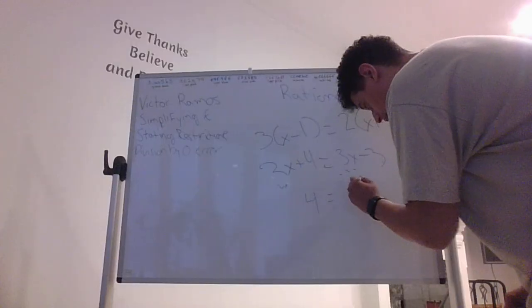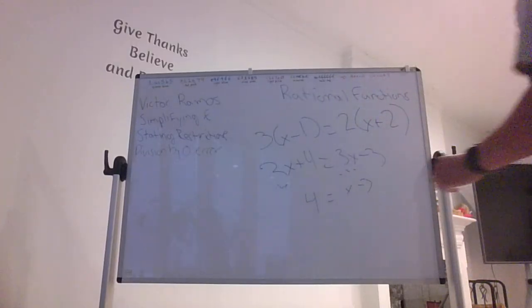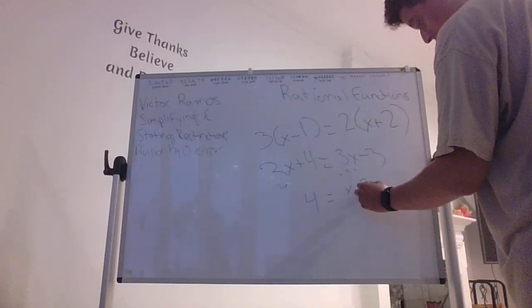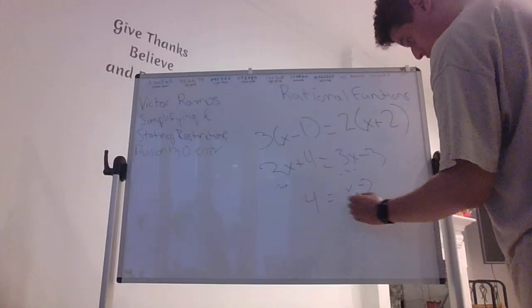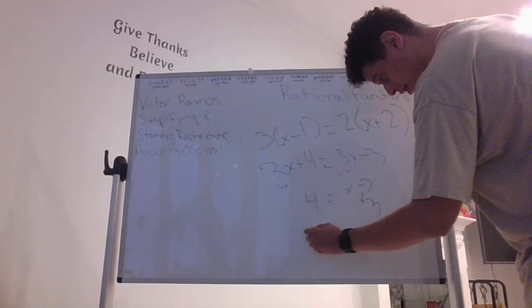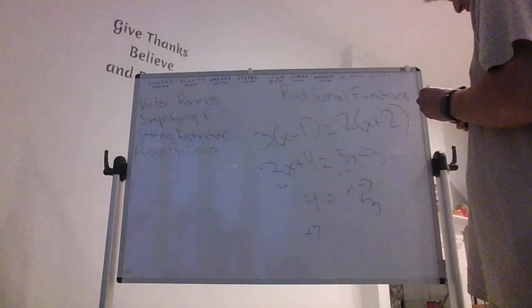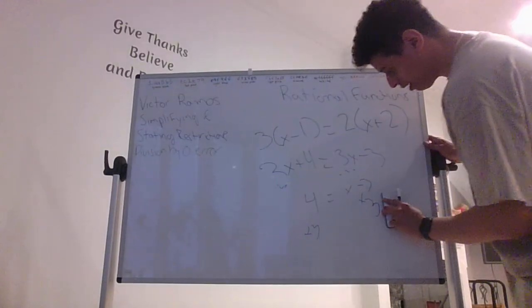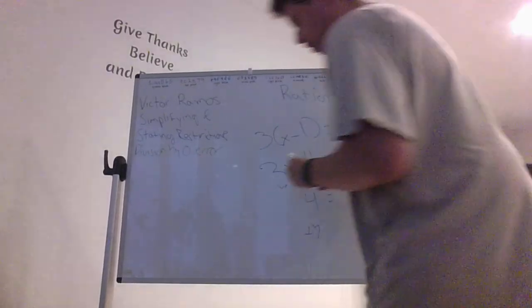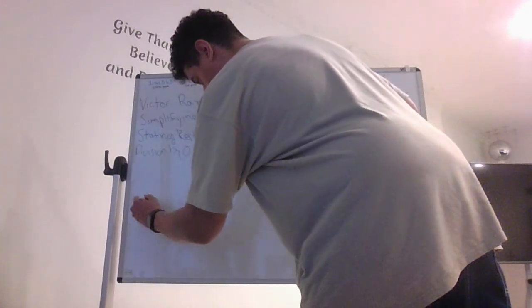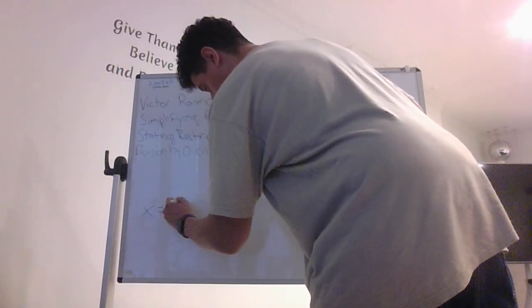And so 4 equals x minus 3. And so what we would do here is add 3 to both sides, and we're left with x equals 7.